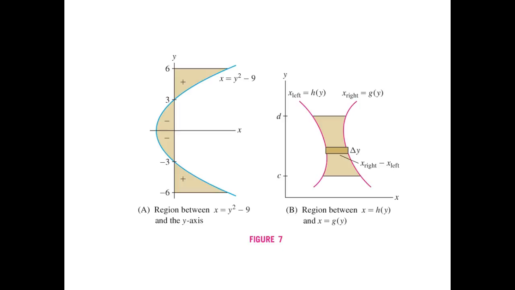Alright, so it's got this in terms of y, and the y-axis is for x equals 0. And if you did dy here, then the difference here would be that's 0, right? And here this is 6.